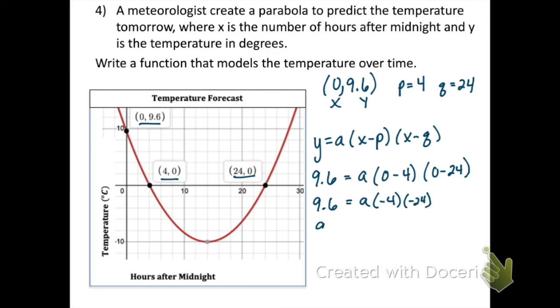And then multiply those two values together. And then divide both sides by 96. Make sure we always write A as a fraction. Now for our final answer, we're going to plug back in our A, P, and Q into our final equation.